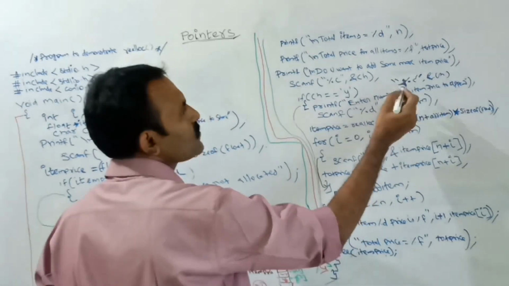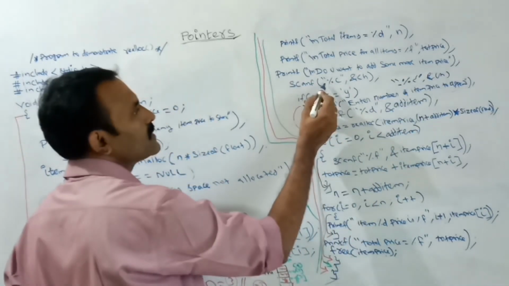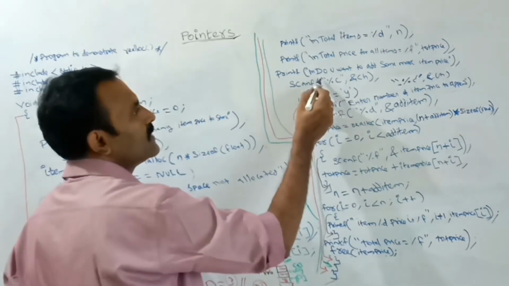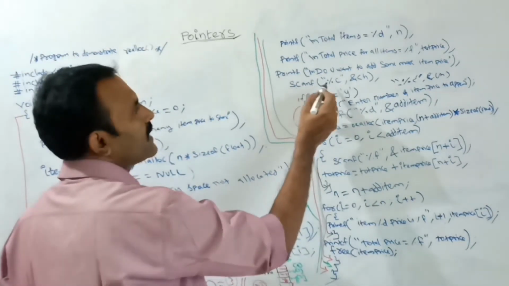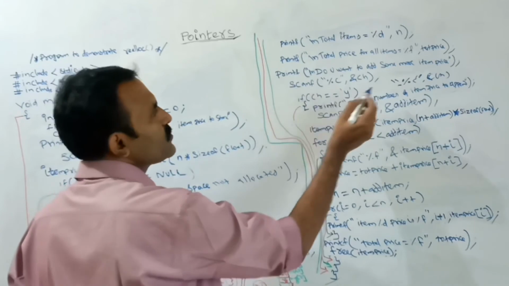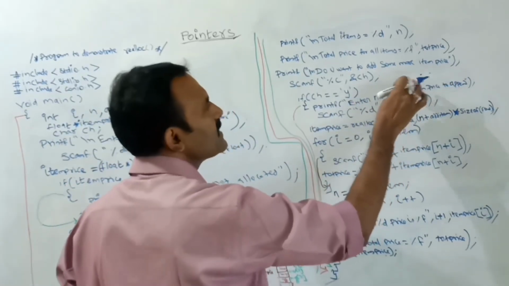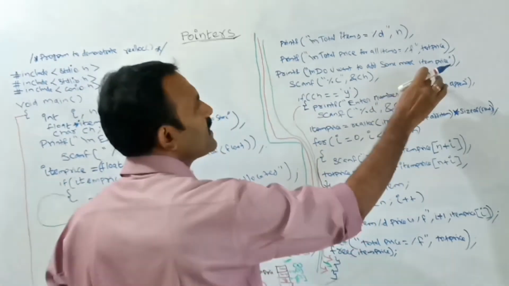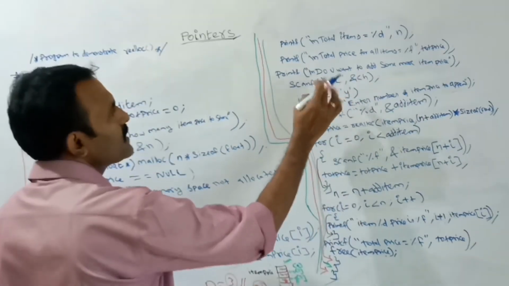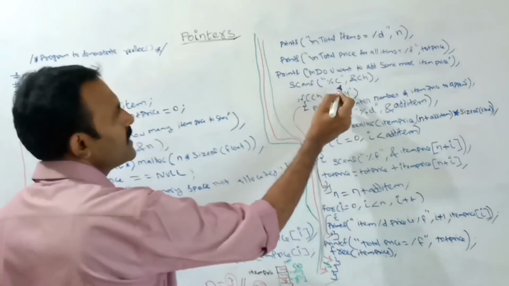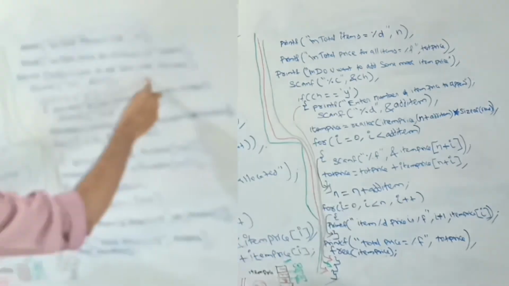Here you should leave one space between the opening quotation mark and the percentage c. Only then can we get the single letter as input for the variable ch. After that, percentage c, next ampersand of lowercase letter y.